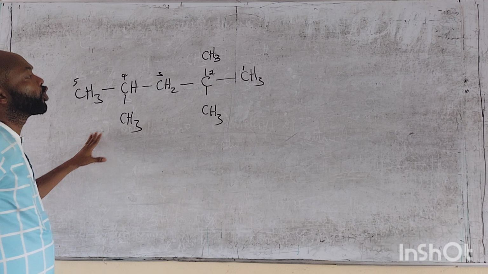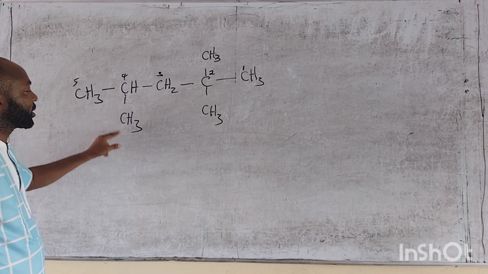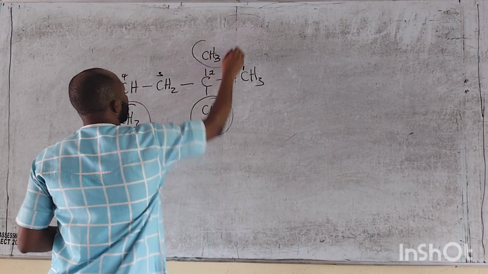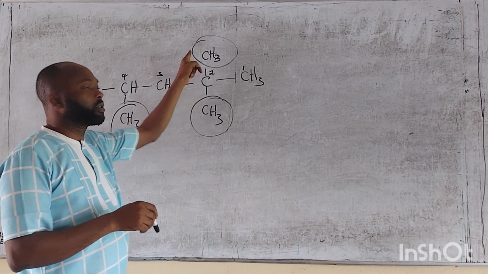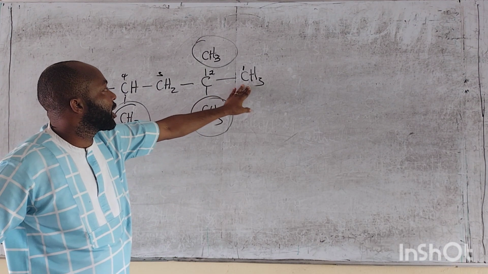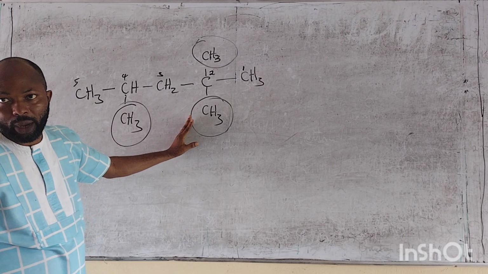Now, in naming it, if you look here very well, you realize the substituent. What is the name of the substituent? This is the substituent. What is the name of this substituent? Methyl. They are all methyl. So now, if I start from here, this is 2. In carbon 2, I have 2 methyl. Am I right?